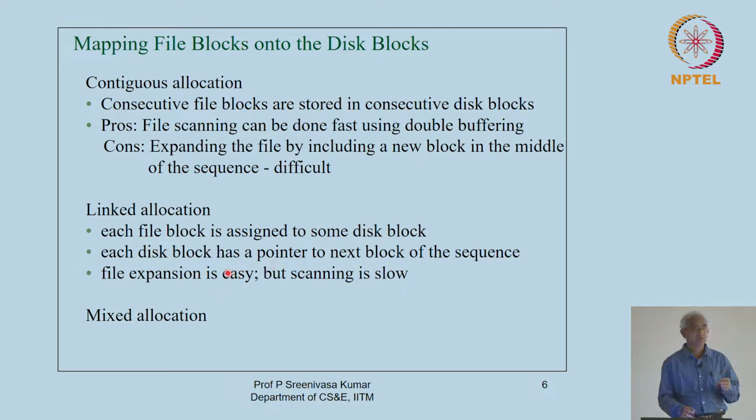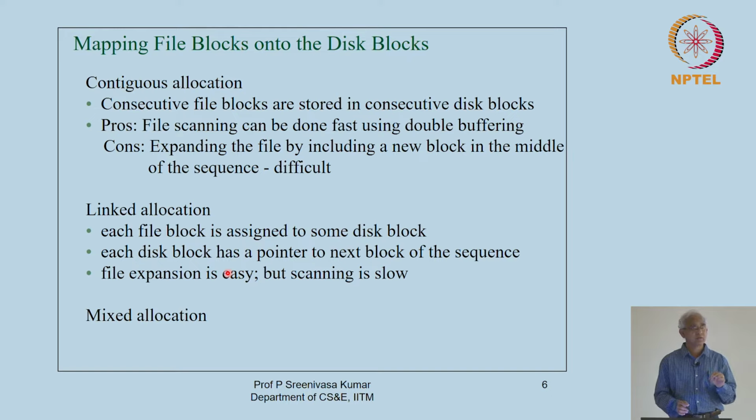Of course, file expansion would be very easy in this case. All that you have to do is standard linked list insertion. So in some sense, what is happening here is that the file, which is an array of blocks, is made into a linked list on the disk. It's a singly linked list on the disk. So the pointer is the disk pointer, and a disk pointer is nothing but the disk address.